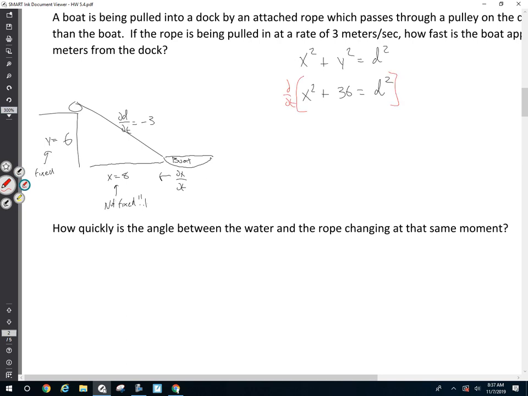Oh, I really thought I made sure this homework was going to be perfect, but it'll be all right. Okay, 2's cancel. x is 8. Trying to find dx/dt. I gotta find d when x is 8 and y is 6.